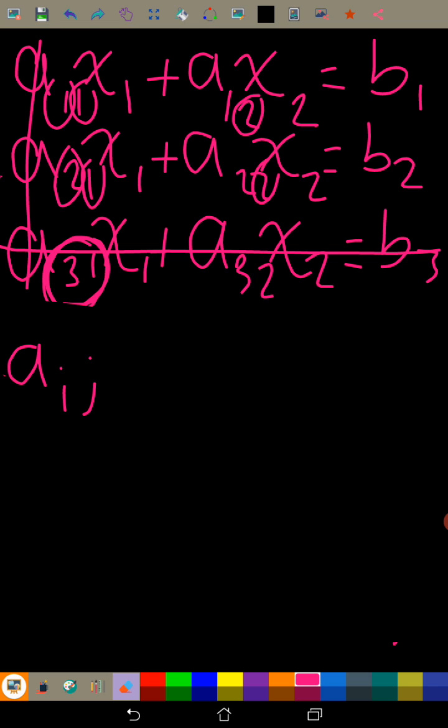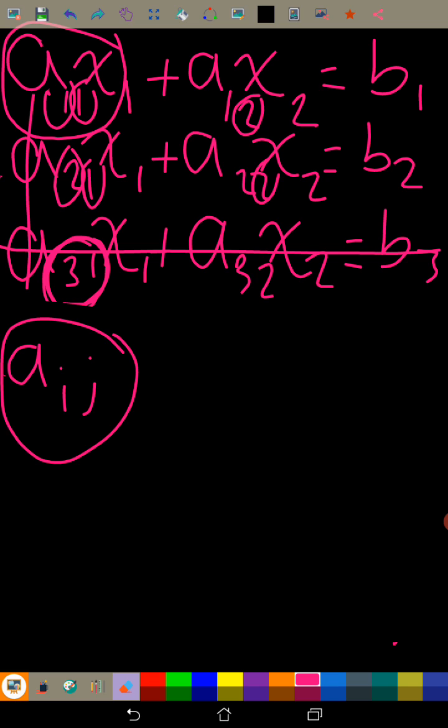So the coefficient, this is, oops, it disappeared. This is for this one, the coefficient of x1, this x1 from this equation. So it has a unique number thanks to the fact that it's in the first row and first column.